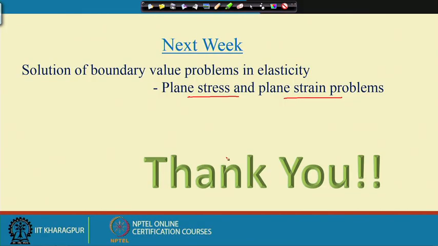We have to deal with fewer unknowns and fewer equations. We will see what the circumstances are where the 3-dimensional problem can be idealized as a two-dimensional problem, and what the different kinds of such idealization are: plane stress and plane strain. We will discuss in detail next week.